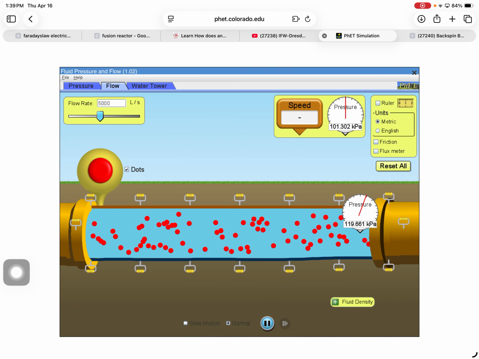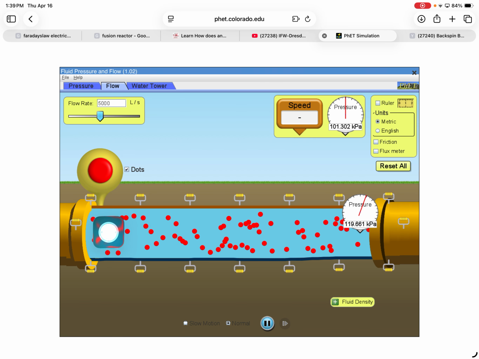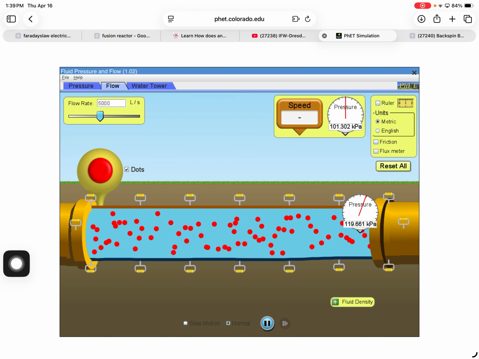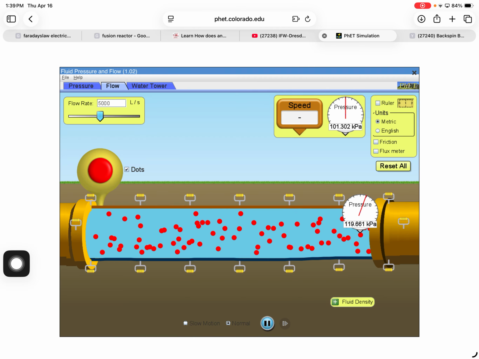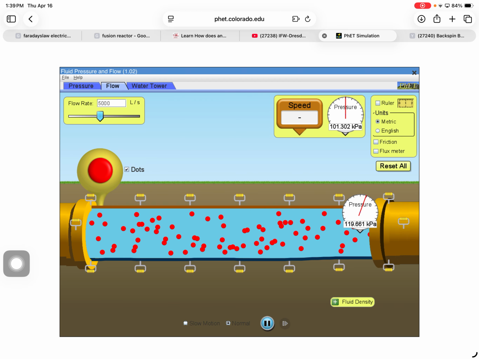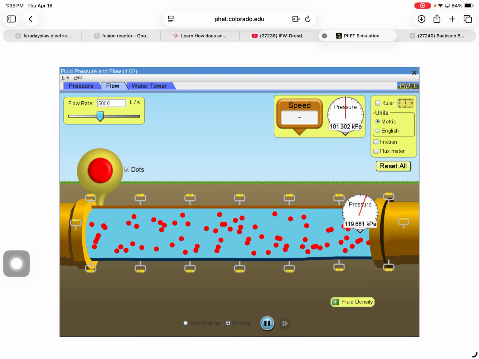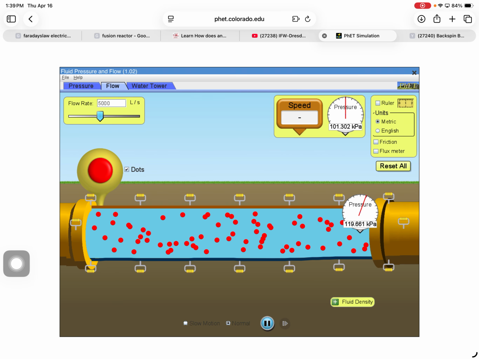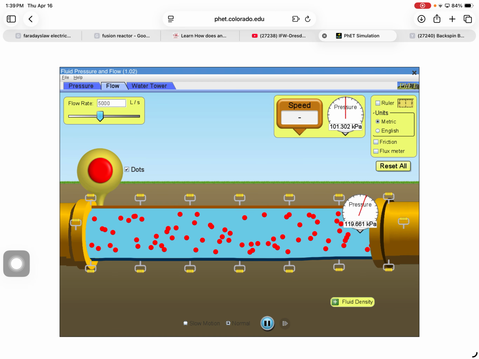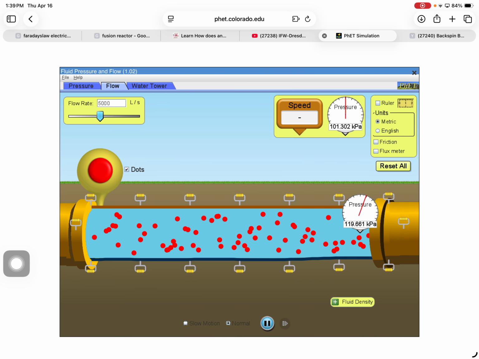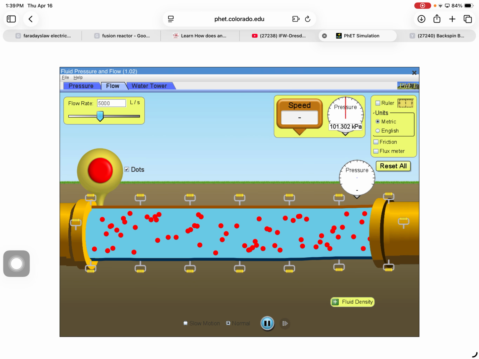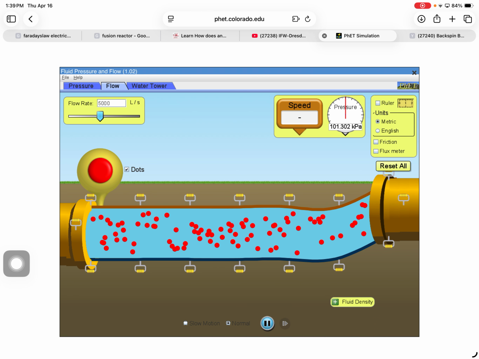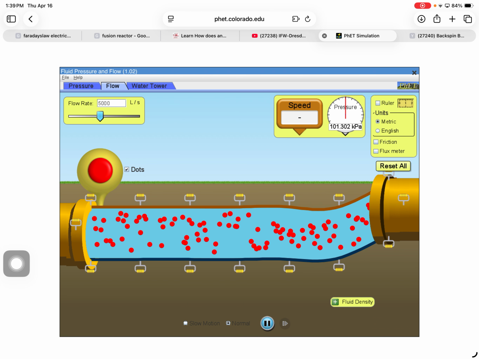Now here's what I want you to remember: P1 plus 1/2 rho V1 squared equals P2 plus 1/2 rho V2 squared. If a fluid speeds up, then the pressure there decreases, because the sum of these two has to equal that. So if this term increases, this decreases. Whenever a fluid flows faster, the pressure there decreases.